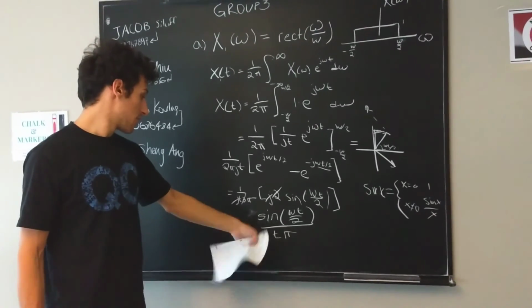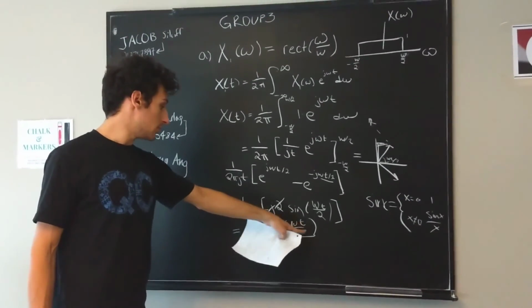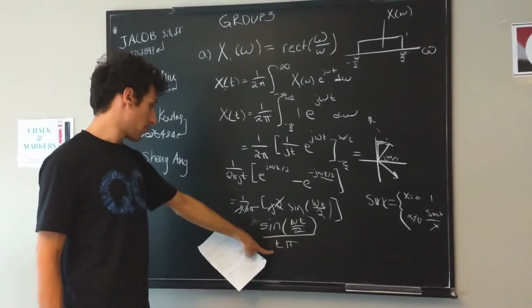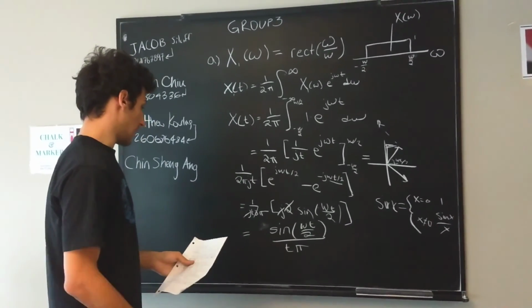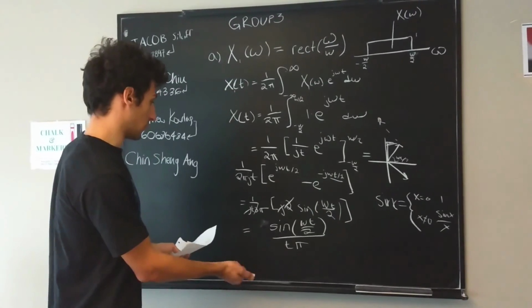And we know that we have sine wt over 2, so we want to make this bottom term have a wt over 2. So what we're going to do is try to get a wt over 2 term in the bottom.